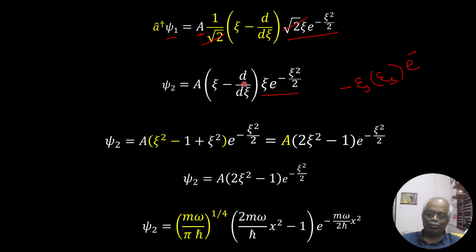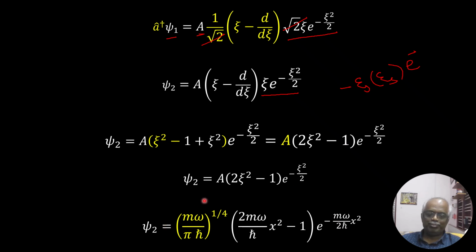Already the minus one is there, so this will become plus z squared and this exponential term. So now z squared plus z squared is equal to 2z squared minus 1. Here you have a also multiplied by this exponential term. And now what is psi 2? Psi 2 is equal to a into 2z squared minus 1 e power minus z squared over 2.